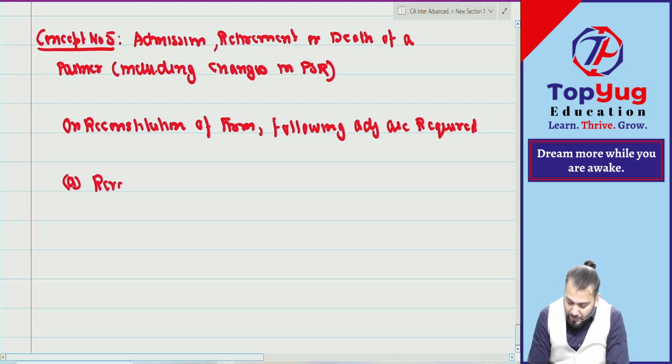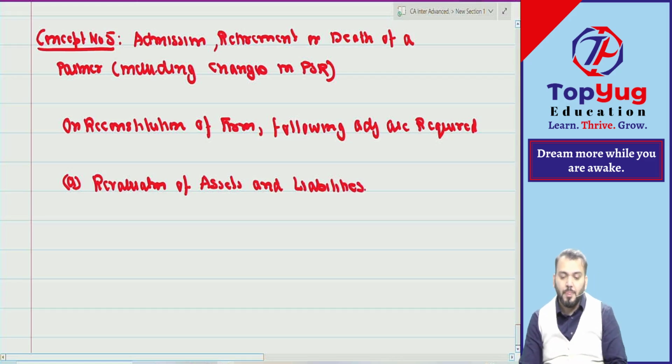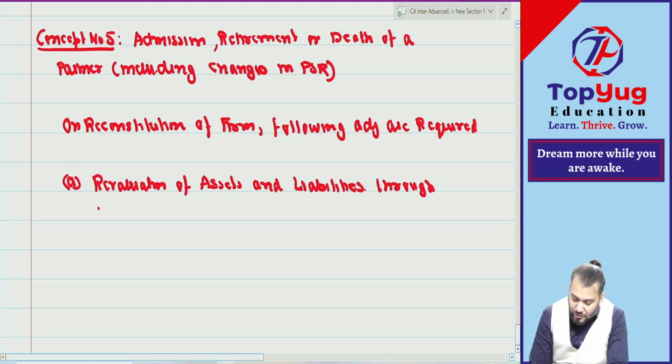Remember? First we used to do revaluation. The revaluation of assets and liabilities, correct, through which account? Through revaluation account.